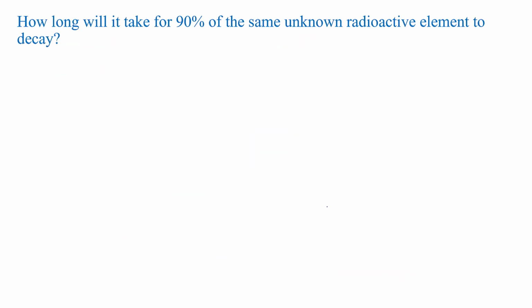Let's keep looking at this same problem setup and try to figure out how long it will take for 90% of the same unknown radioactive element to decay. So we use A = A0 e^(kt), same value that we've been using for k. It's the same setup.